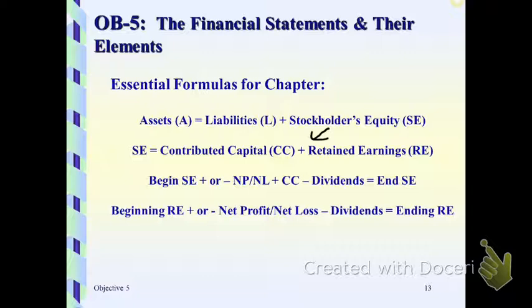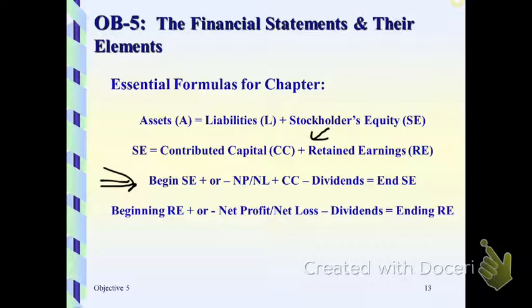If we're trying to figure out how our stockholders' equity account has changed from one period to the next, we can use a formula very similar to that for calculating the capital account for a sole proprietorship, and that's this right here.